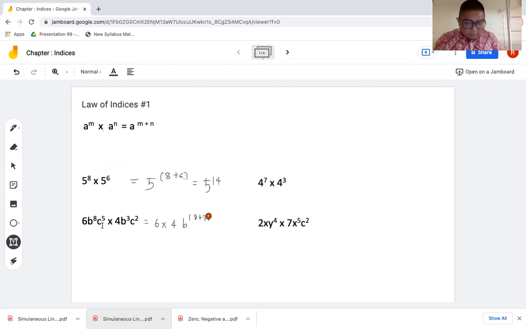Then the other one is c, 5 plus 2. So this gives us an answer of 24, b raised to 11, and c raised to 7. Now, you just need to pause this video and try to get the answer to this one.